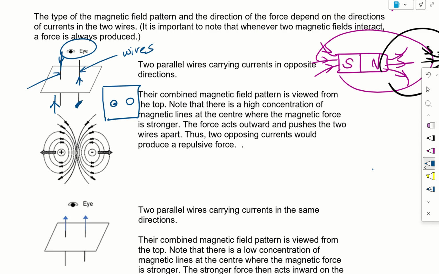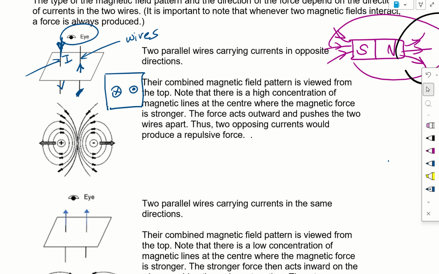So you might want to change this in your notes so as to not have confusion. If I do this, then the left wire will have a cross, because the current is going away from the viewer who is viewing it from the top. On the right, the current is going towards the viewer, so it will be a dot.